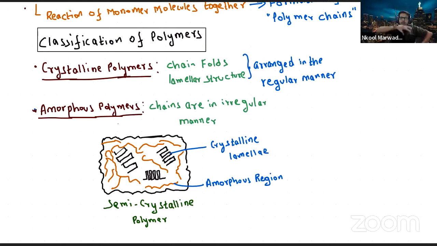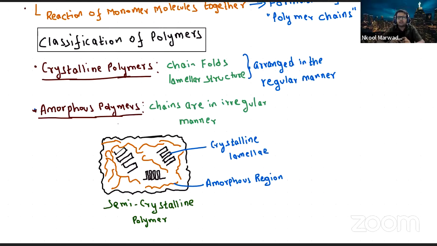All the chains are so closely packed, they don't follow any structure, and hence they are very flexible and very difficult to tear. It will keep on stretching because of the amorphous nature of that polymer.